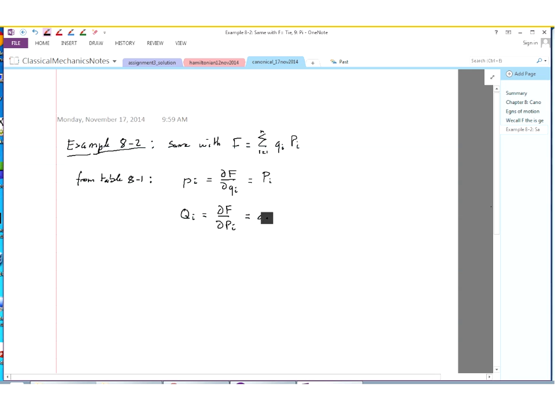And so ∂f/∂capital Pi is simply equal to Qi. So the little pi's go to big Pi's, and the little qi's go to big Qi's. And so of course that's just the identity transformation. So this particular generating function doesn't actually do anything. It just labels the little p's capital P's and the little q's capital Q's.